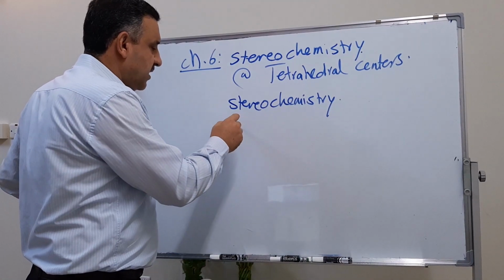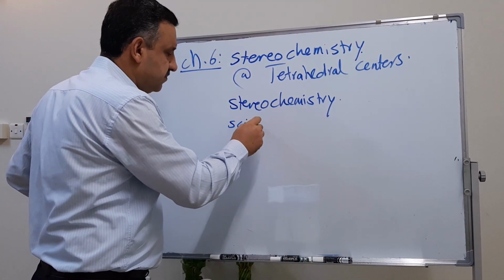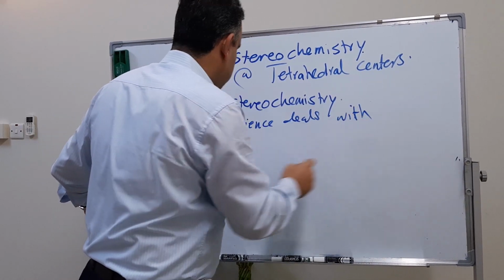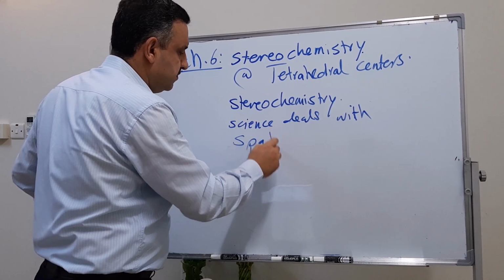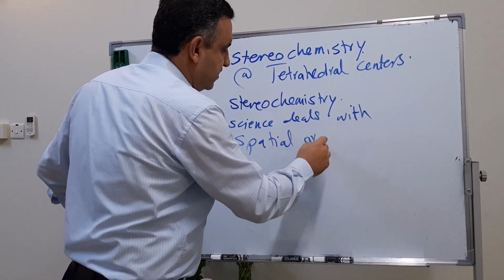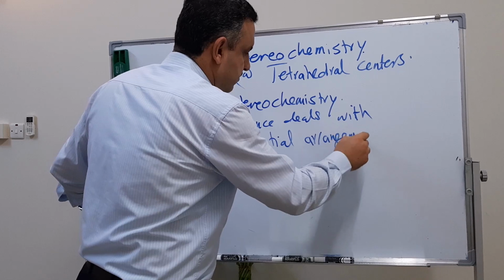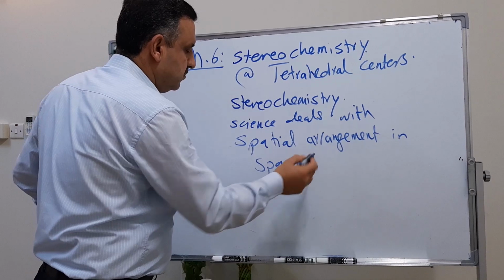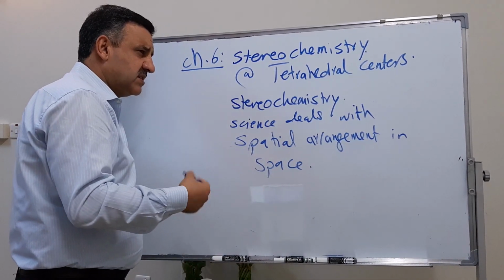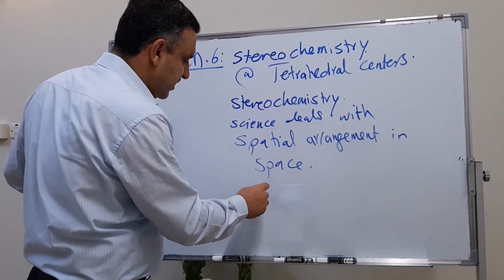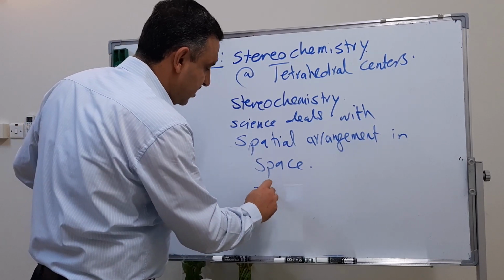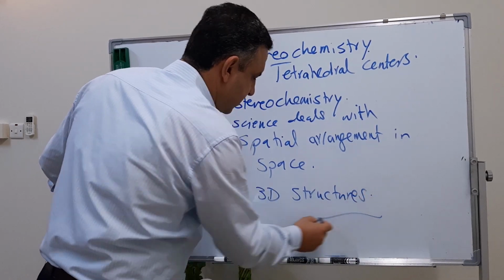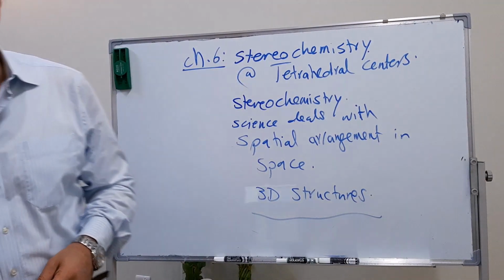So it is the science which deals with the spatial arrangement in space, or simply the science which deals with arrangement in three-dimensional structures. So this is simply the meaning of stereochemistry.